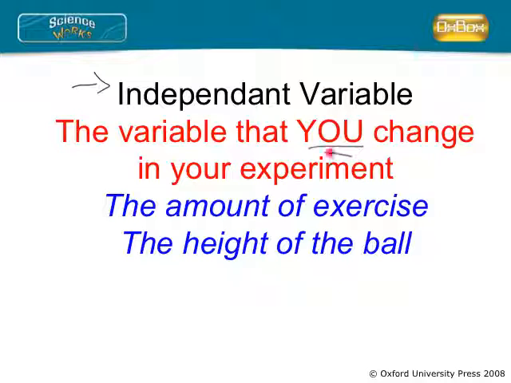Perhaps you ran up more stairs, or perhaps you did more lengths of the playground from one side to the other. You increased the amount of exercise, and that was your independent variable. In your experiment for this week, the independent variable might be the height of the ball. Okay, so if you are going to drop it and see it bounce, or you might drop it and see the crater that's made. Okay, so that's the independent variable.